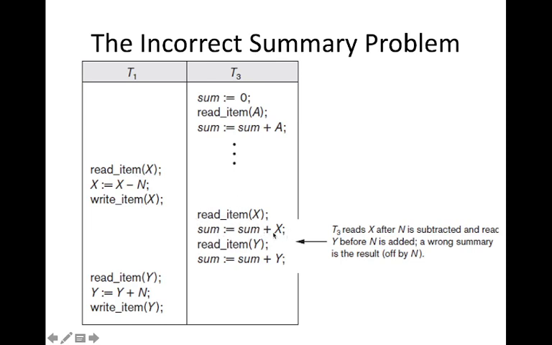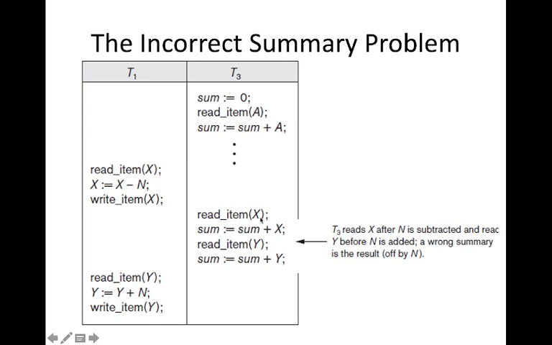Sum plus X has been done. Then we are reading another item Y, then sum plus Y is done like that. Now T3 reads X after N is subtracted and reads Y before N is added. So this is a wrong summary problem, because after performing read item of X, immediately this should be added.